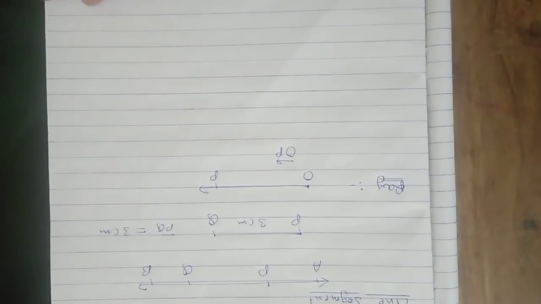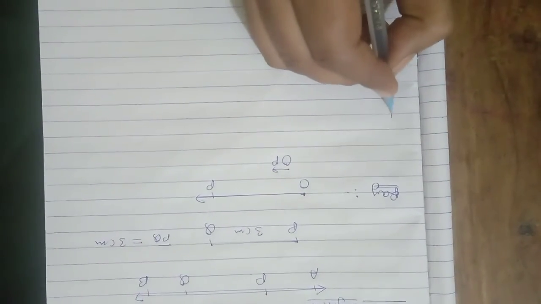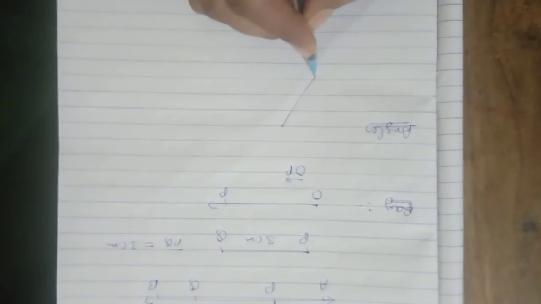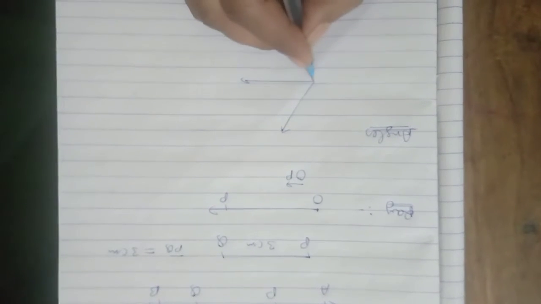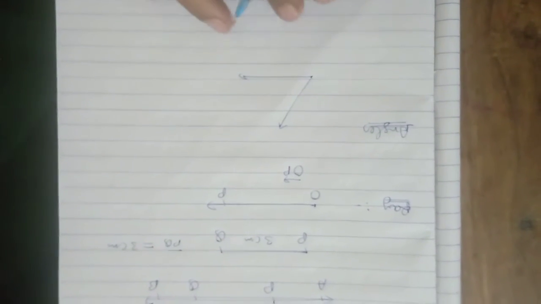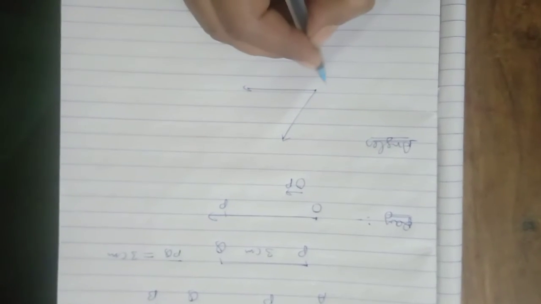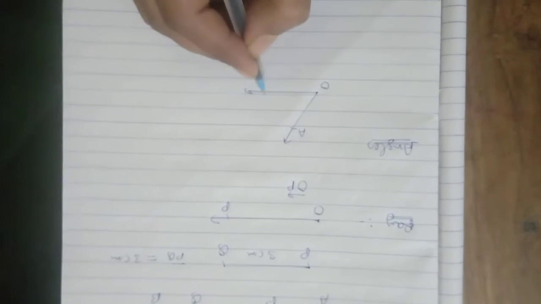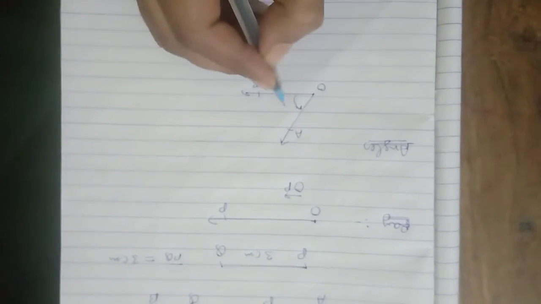After that, I am taking angles. Now this is the diagram of an angle. When two rays are going in different directions having one common vertex, like O, A and B, they form an angle.